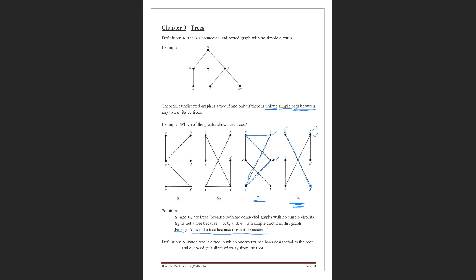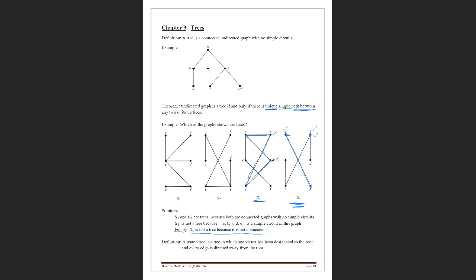There must be only one path between any two vertices. So if you want to go from A to B, you cannot go from A to B. There is no path from A to B, meaning it is not connected. From A to B you cannot go.